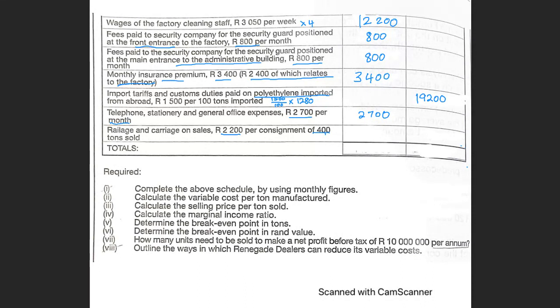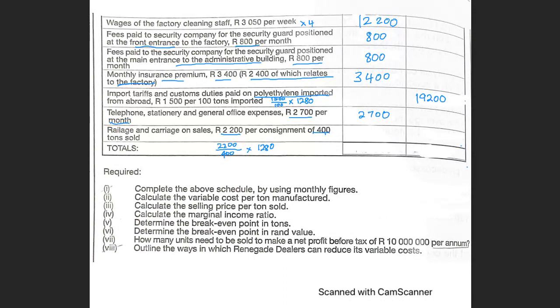So here again, we need to convert that to a monthly basis, to a single unit basis. So it's 2,200 per 400 tons. So the value of 1 ton is calculated by 2,200 divided by 400. And then this is multiplied by the total number of tons produced, which is 1,280 for the month.